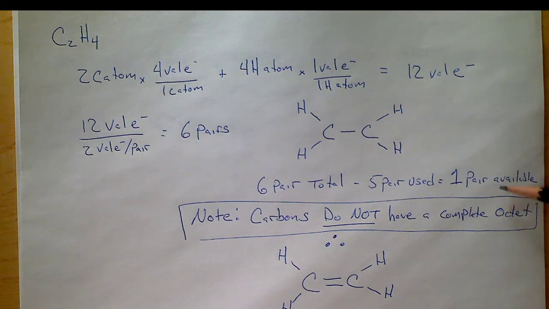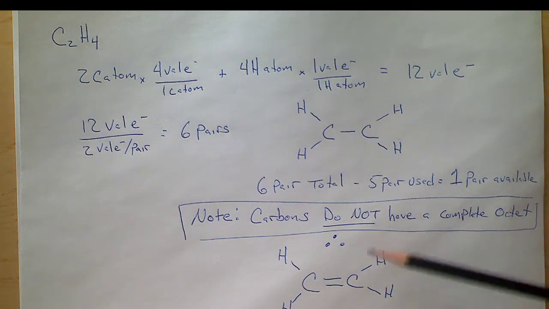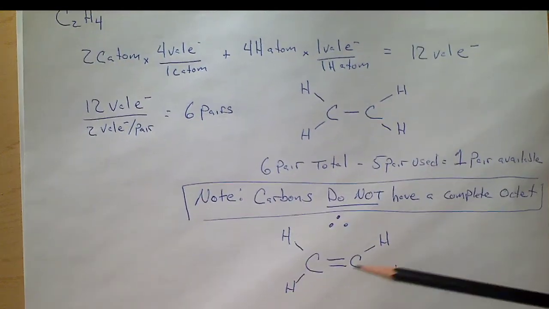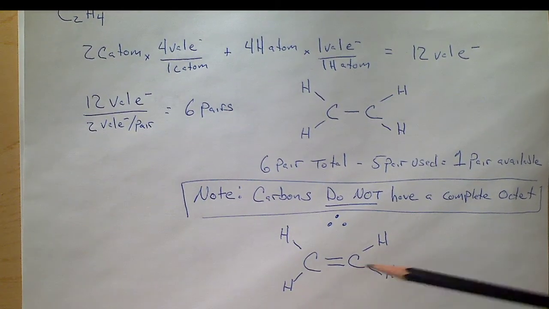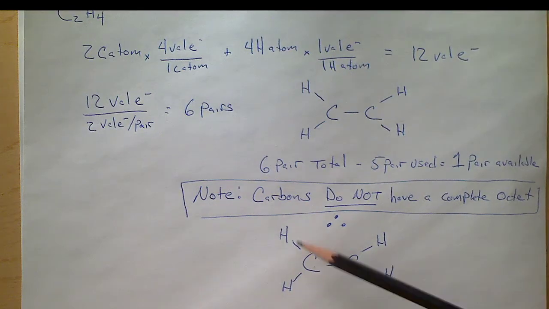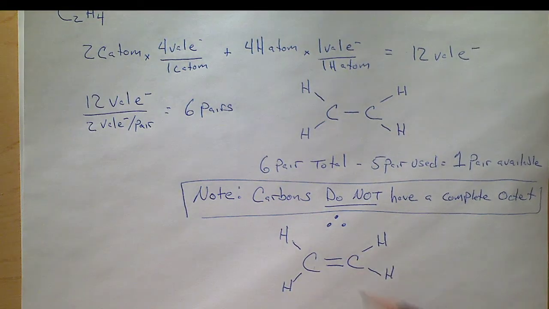But we have that 1 pair that's left over. So to complete the octet, we have to create a double bond between the 2 carbons. And this carbon now has 2, 4, 6, 8. Its octet is satisfied. And this carbon has 2, 4, 6, 8. Its octet is satisfied.